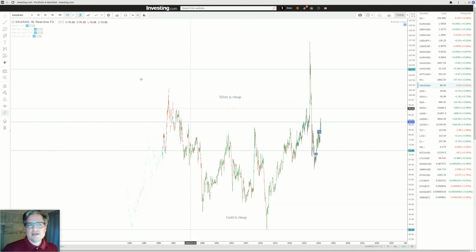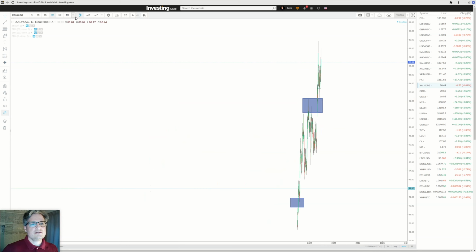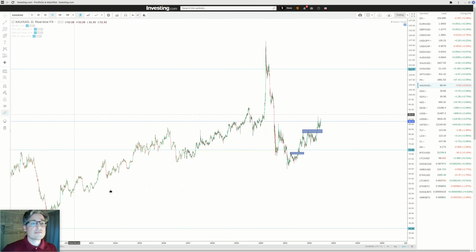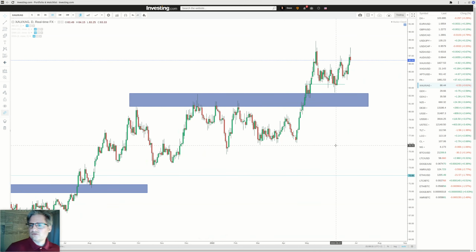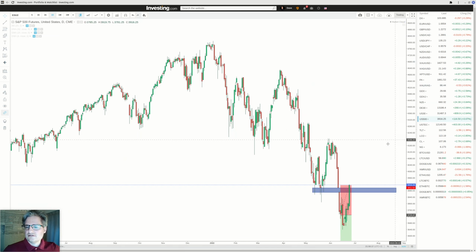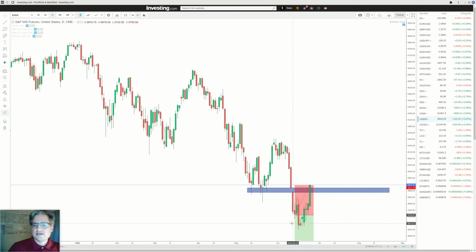So let's switch back to the daily and to the candlestick charts. Let's zoom to the normal size again. Let's start with the trades that got stopped out. So on Friday I got stopped out here on the S&P 500.